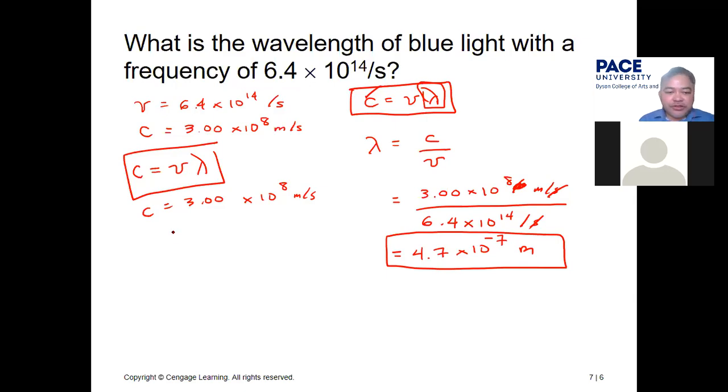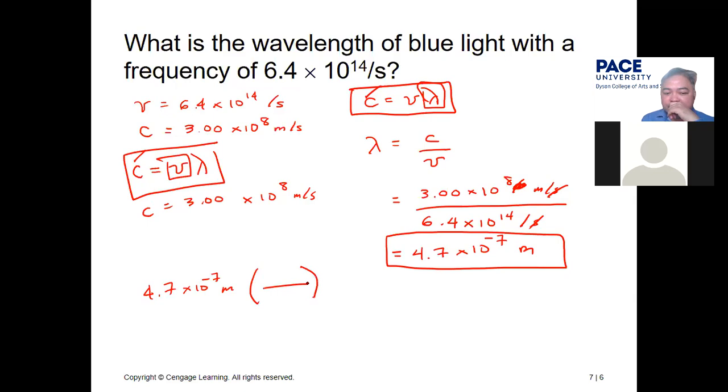As you can see, the problem is that c is always a constant, you're given the frequency, and you are asked for the wavelength. Now, you can still convert this to nanometer. So 4.7 times 10 to the negative 7 meter.